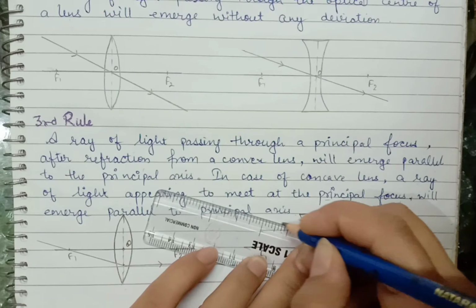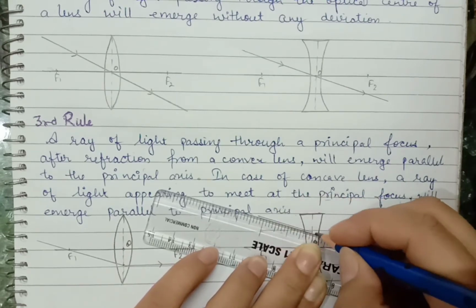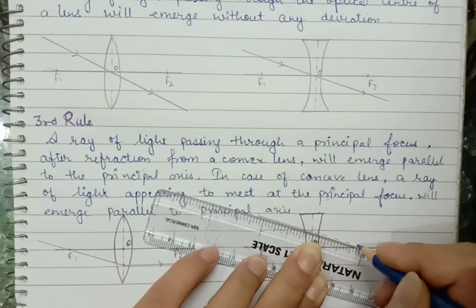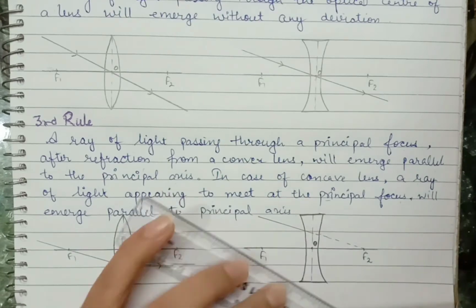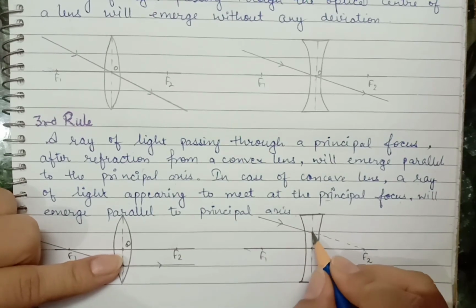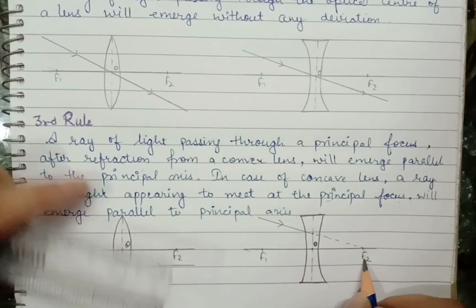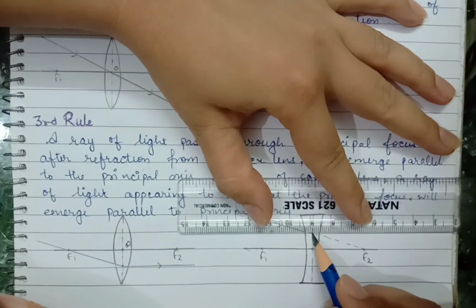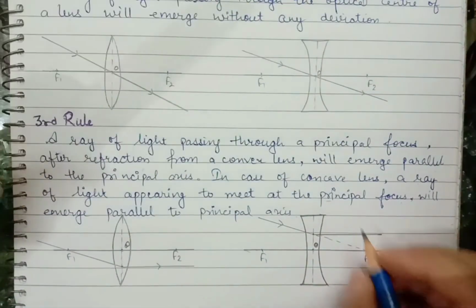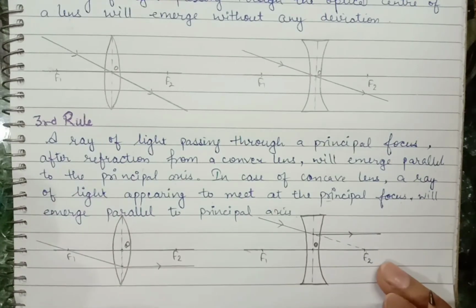So we will draw a ray of light like this, and we will extend it as a dotted line to the focus. This incident light which appears to be coming from this focus will emerge parallel to the principal axis after refraction through the concave lens like this.